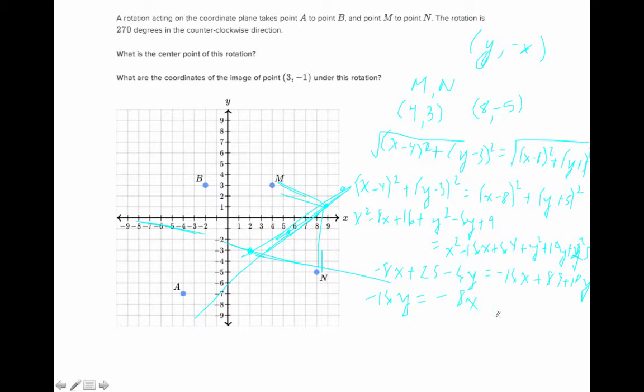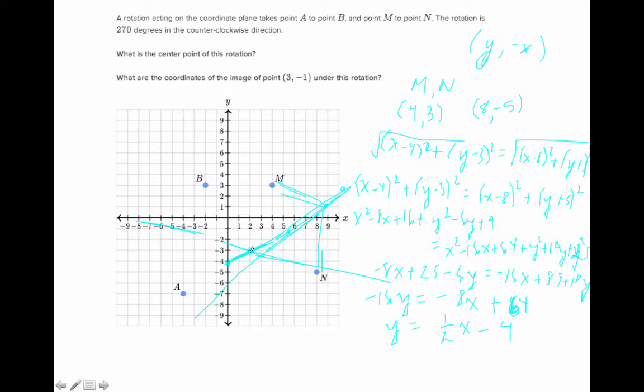So negative 8x... subtracting 25 from 89 is 64. If we divide through by negative 16, we get y equals 1/2 x minus 4. So minus 4, up 1/2. You would solve the other line similarly.